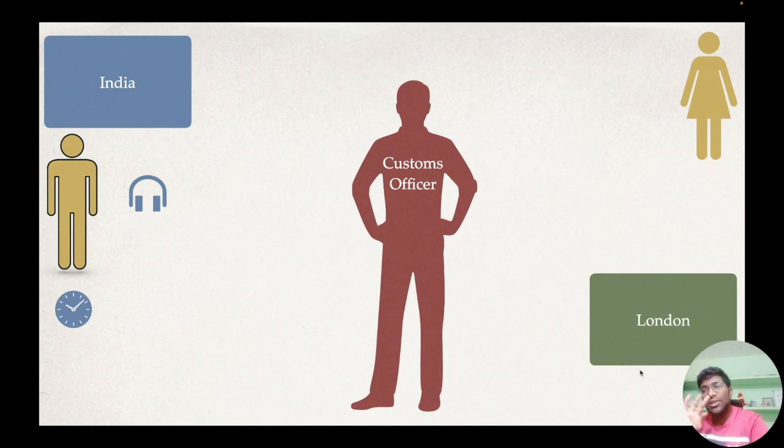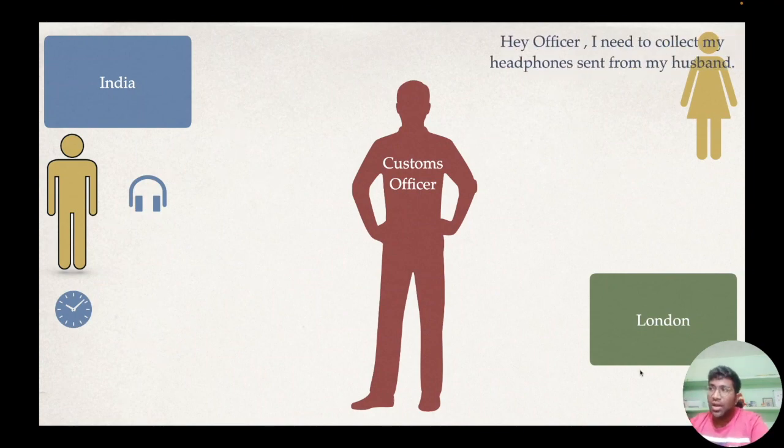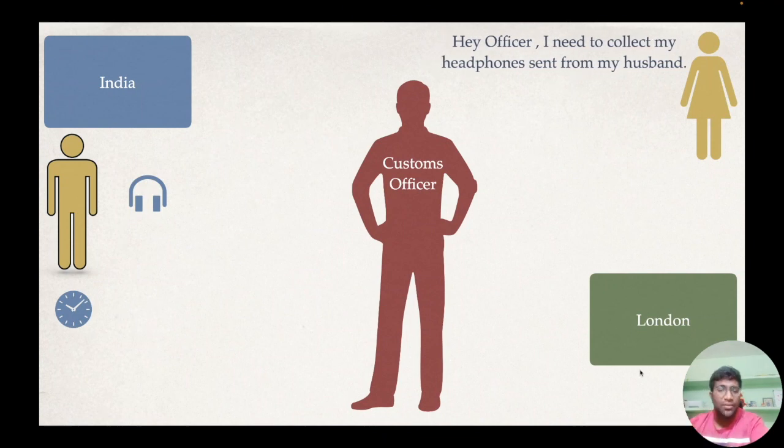Now let's look at the other scenario. The woman says, hey officer, I need to collect my headphones sent from my husband in India. The officer performs the same checks. He checks whether London is in the trusted list of India, because London is trying to access India.